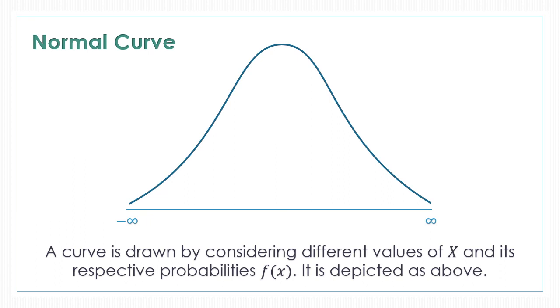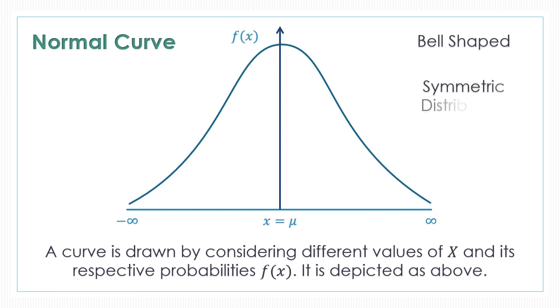This is a bell-shaped curve, and therefore the mean will lie at the exact center. That center point divides the whole curve into two parts, and the whole curve is depicted using the values of x and the frequencies, that is probability values. From that we can say that this is a symmetric distribution.